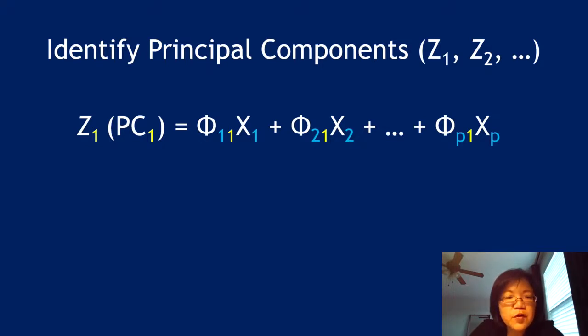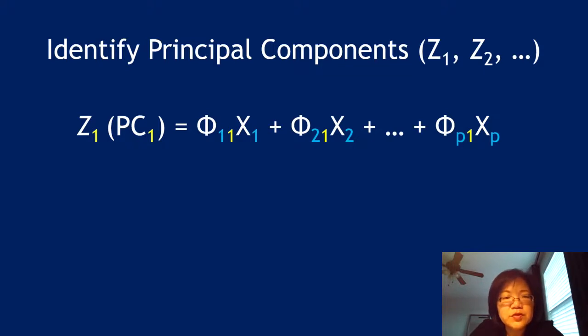Okay. So we can formulate Z. The idea is to think about Z as a linear combination of all the X features. So you see X1, X2, all the way to XP are included in the first principal component.